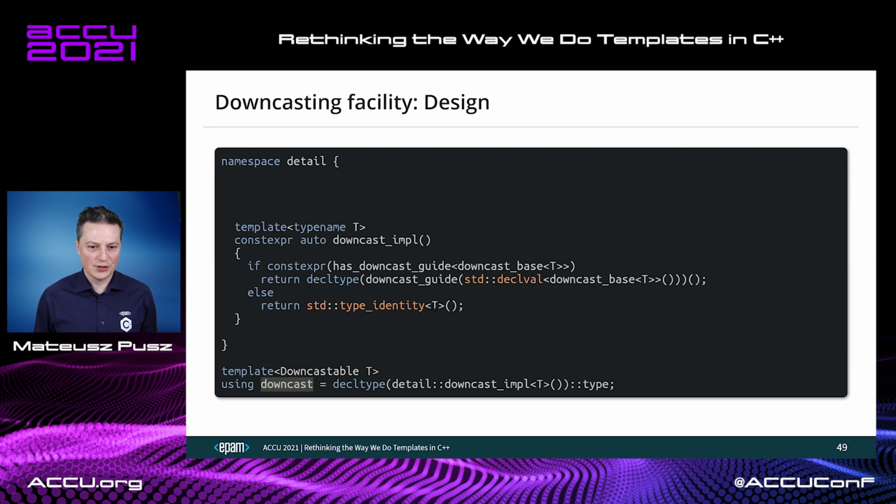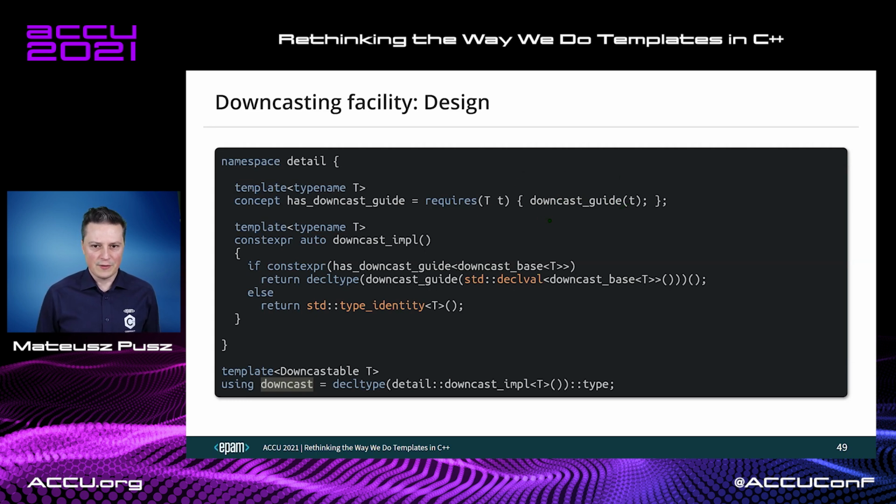Otherwise, I just return the same type, because I don't know what the user-provided type for it is. And has downcast guide? It's simple. It's just a simple concept that requires that the downcast guide of T is defined. So it's being found through argument-dependent name lookup on type T.